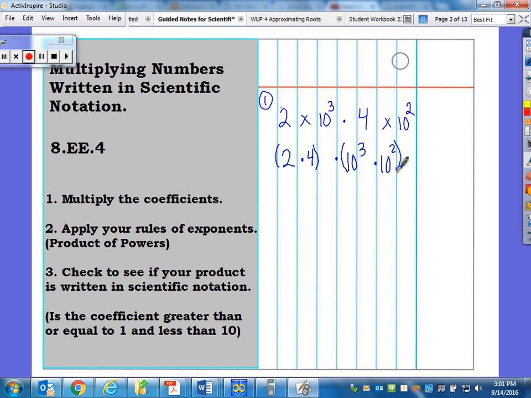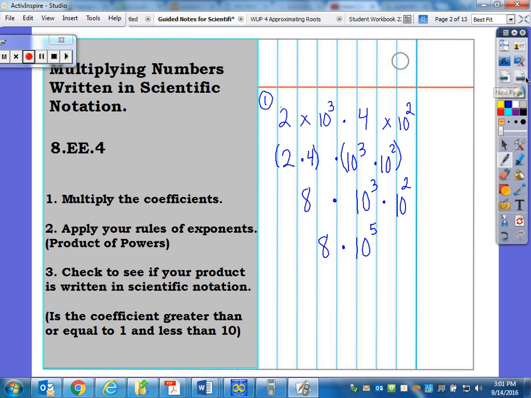Two times 4 gives us 8, and then remembering our rules of exponents and applying our product of powers rule, we can multiply 10 to the third times 10 squared. When you multiply a power times a power, you keep the base and add the exponent. This gives you 8 times 10 to the fifth.